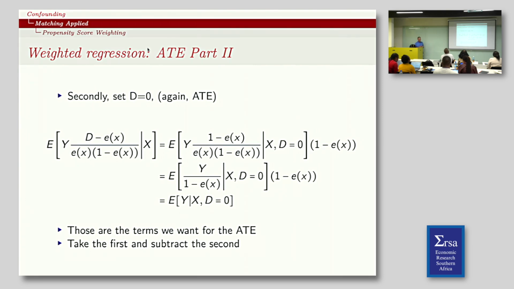Do the same thing now only by setting d equal to 0. We've got the same sort of basic argument. I'm conditioning on d equal to 0, so I'm multiplying it by the probability that d is equal to 0. I was just saying, was that an error where there's 1 minus the weighting?